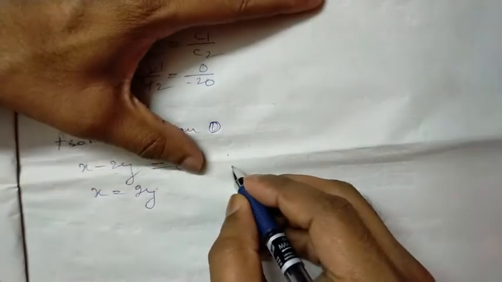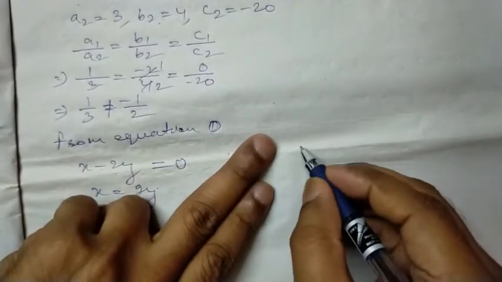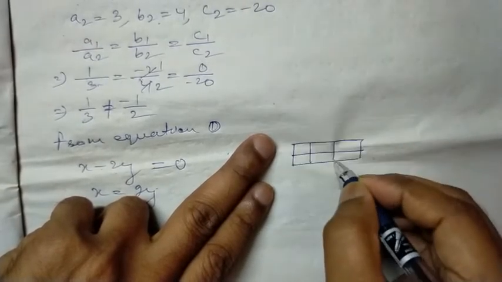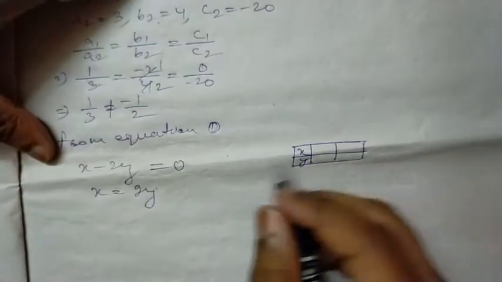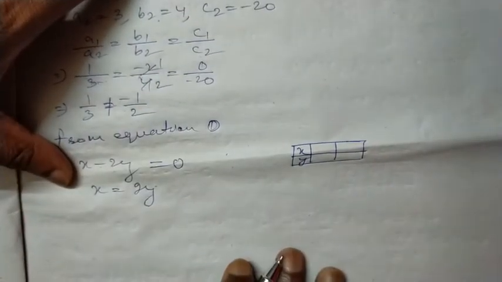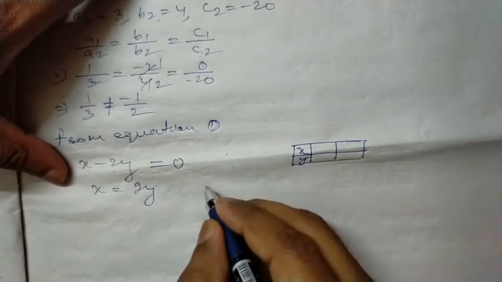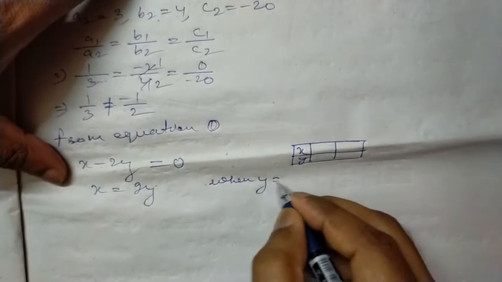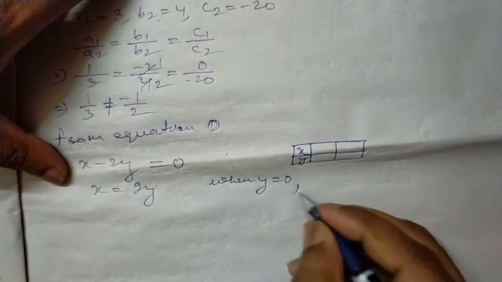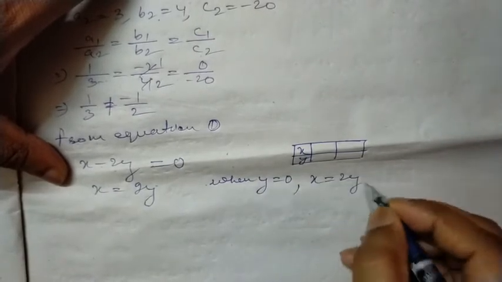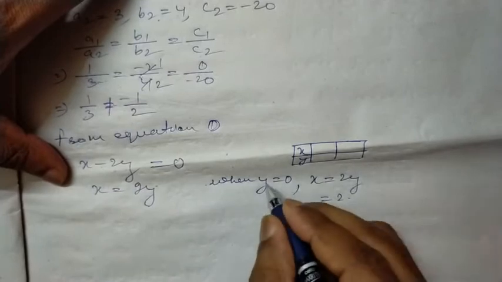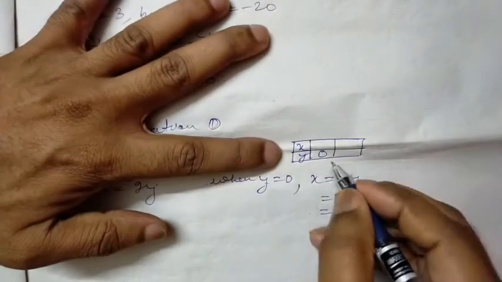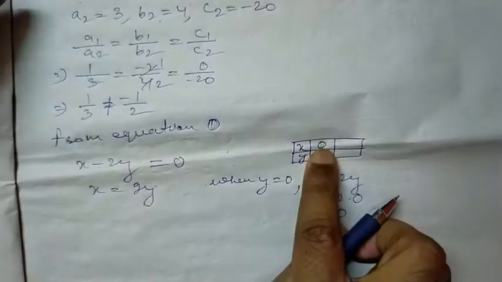Here we'll make the table first, x and y. When y is equal to 0, x equals 2y, so in place of y we have to take 0. So the x value will also be 0.